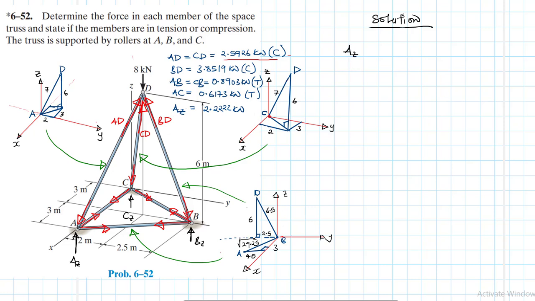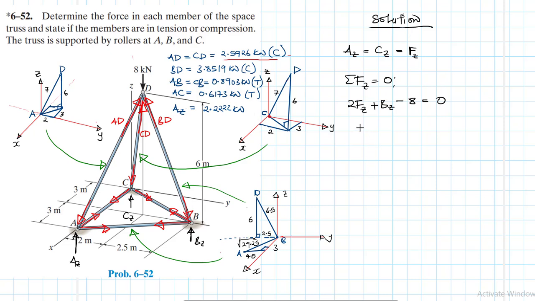I guess we can find also what BZ, and this is symmetrical. We expect AZ to be equal to CZ, which I can just call, let me call it FZ. So 2FZ, if I was to do summation of forces in the Z equal to 0, so I would say 2FZ, because there are the two of them, plus BZ minus 8 is equal to 0.